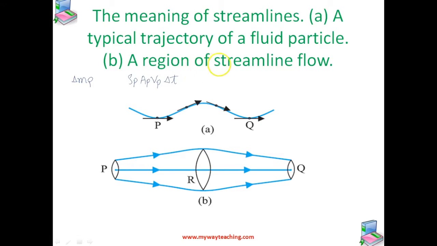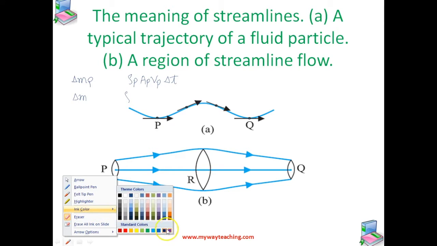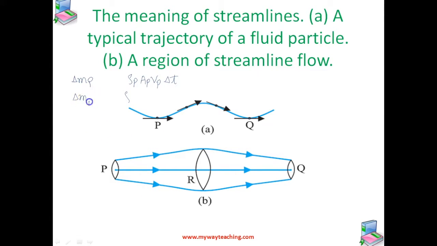Similarly, the mass of fluid delta MR crossing at AR in a small interval of time, delta T, is given by delta R, AR and VR into delta T, isn't it?